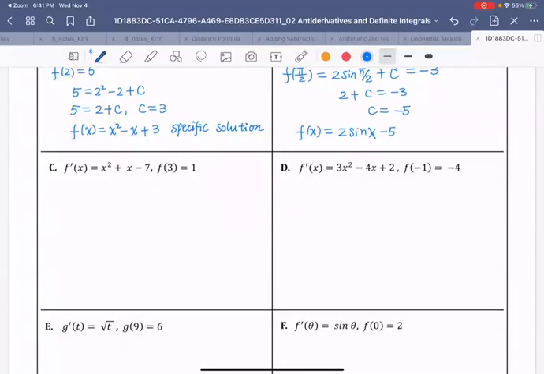C is easy, okay? Yeah, go ahead. x cubed, negative 2x squared, and then plus 2x, and plus c, okay.